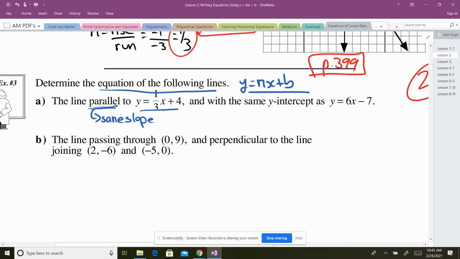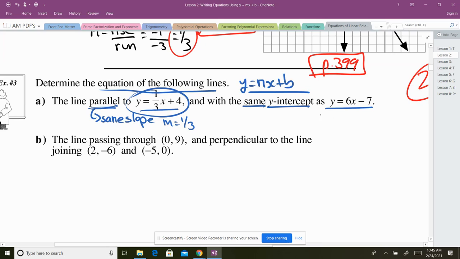Well, what's the slope of this line? 1/3. So that means our line has slope 1/3. We know m. Done. We got one piece of information. Okay. Go to the second bit here. The same y-intercept as this line.